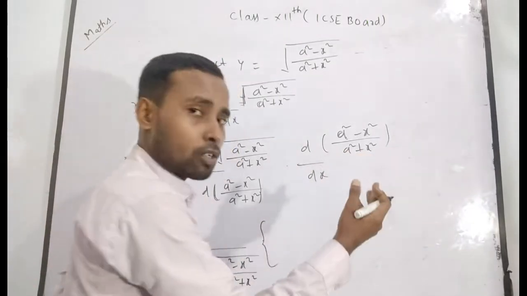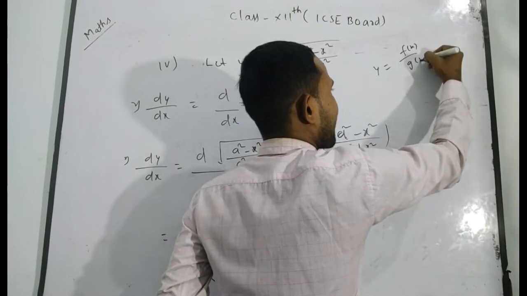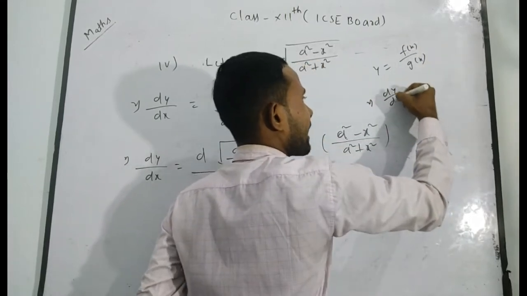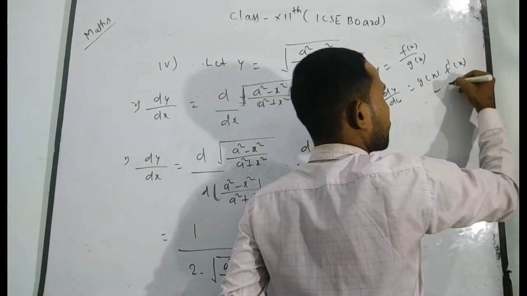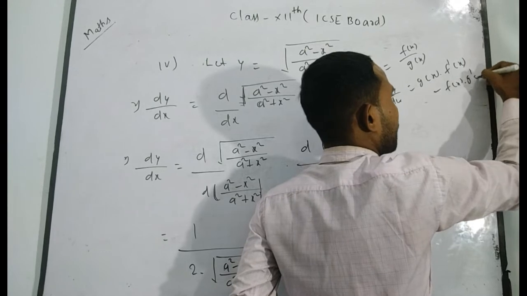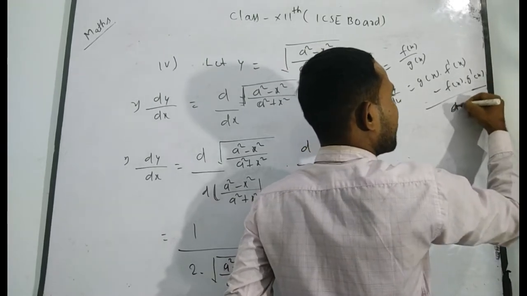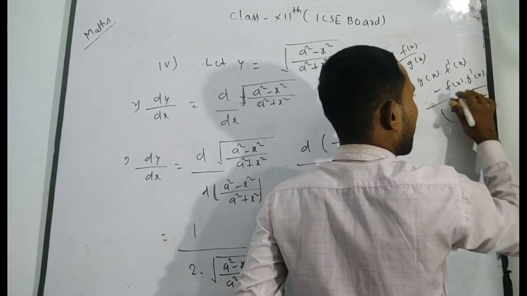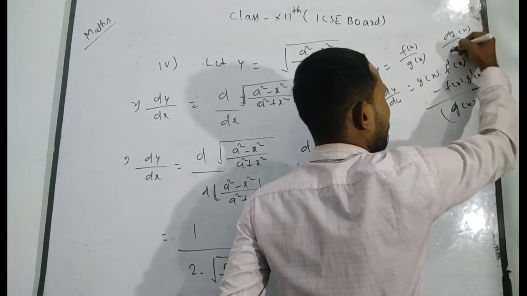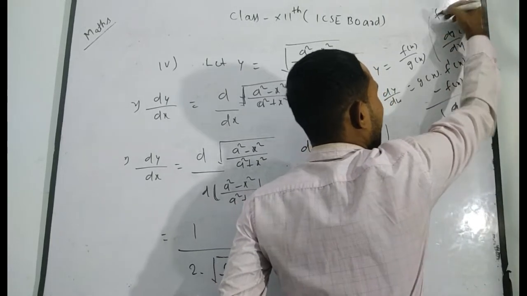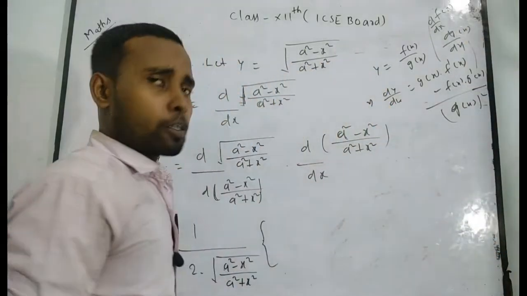As you know, if y is equal to f(x) by g(x), then dy/dx will be: take g(x) outer side and differentiate f(x) with respect to x, minus, again take f(x) outer side and differentiate g(x) with respect to x, and in the denominator it will be g(x) whole square. Here g dash x means derivative of g(x) with respect to x, f dash x means derivative of f(x) with respect to x.